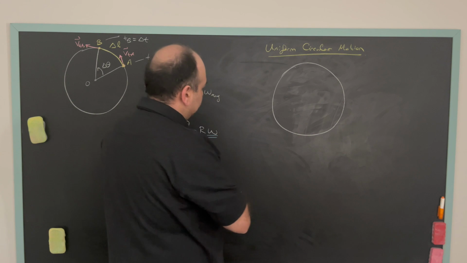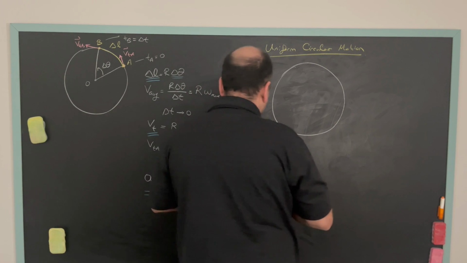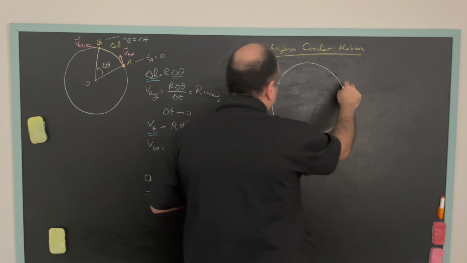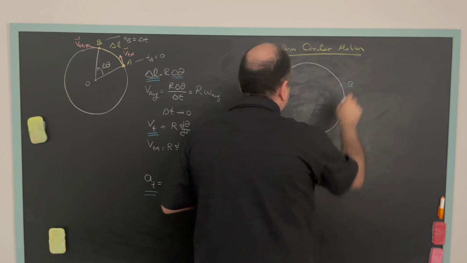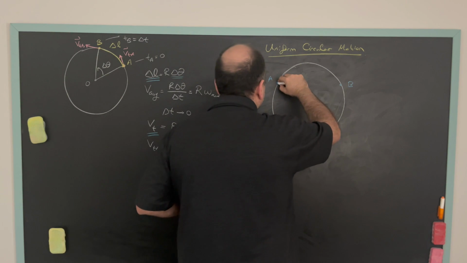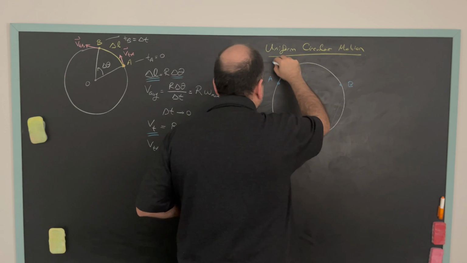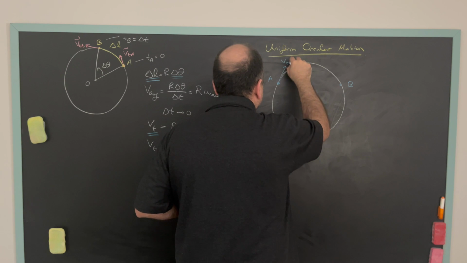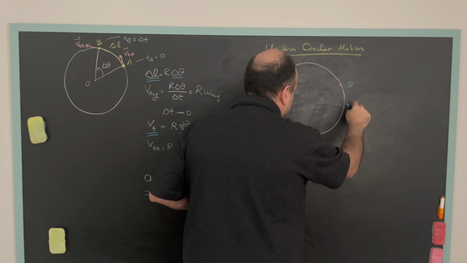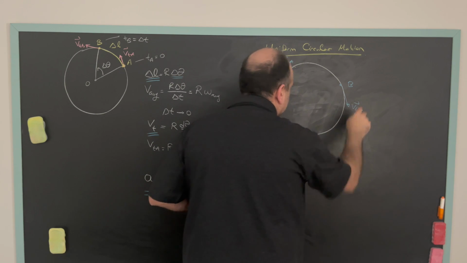Let's pick a point on this circle, point A, and let's suppose this is point B. Let's show the velocity vectors at point A and point B. The velocity is going to be tangent, right? VTA is like that, and V tangential at point B is like that.